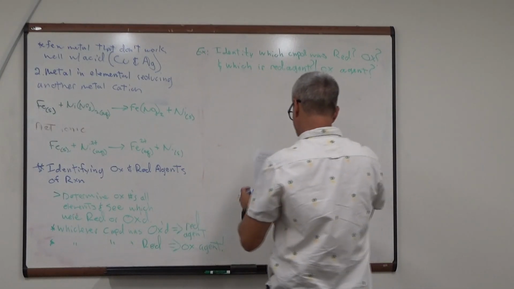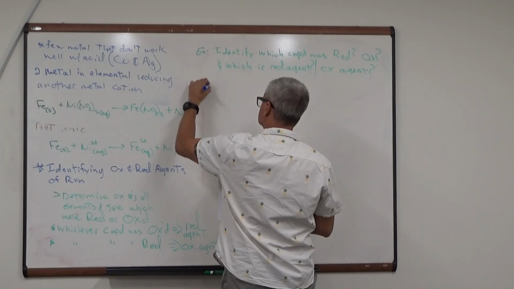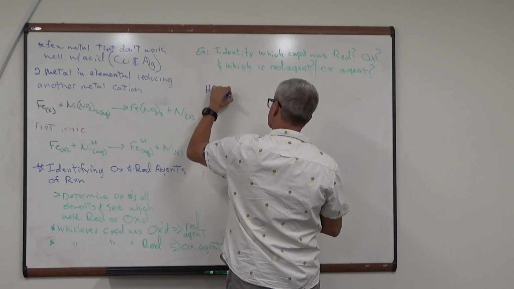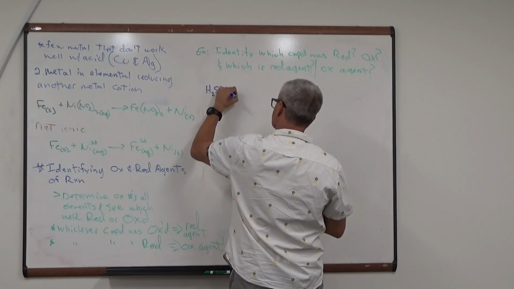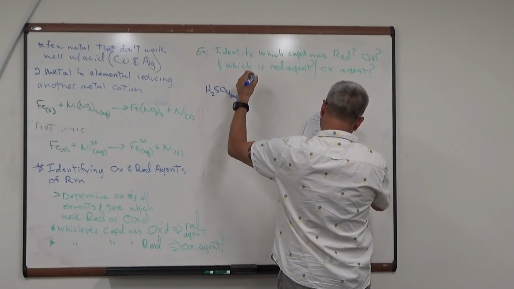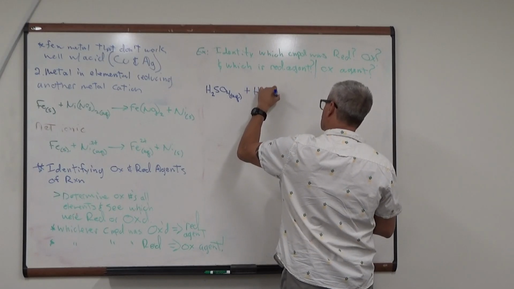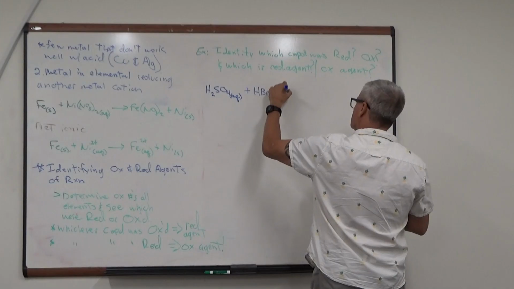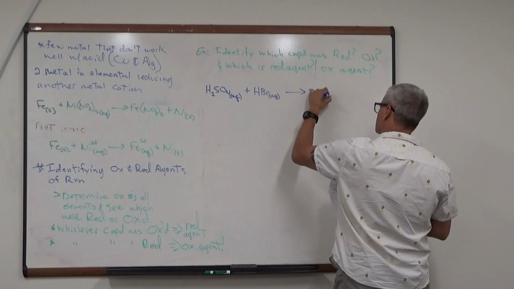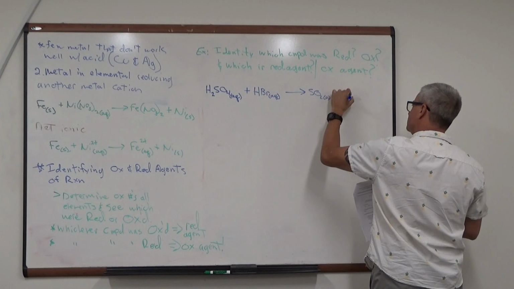Okay. All right, so we have sulfuric acid, okay, reacting with hydrobromic acid, HBr, giving you SO2, elemental bromine.